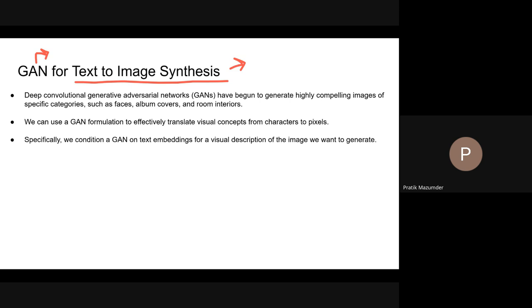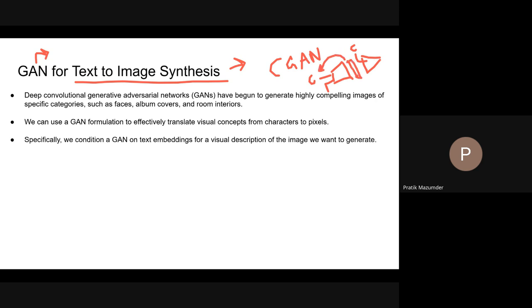But once that is there, we have already seen something known as conditional GANs. If I take a simple GAN and also add a condition along with it, I can ensure that the images that are generated follow this particular condition.